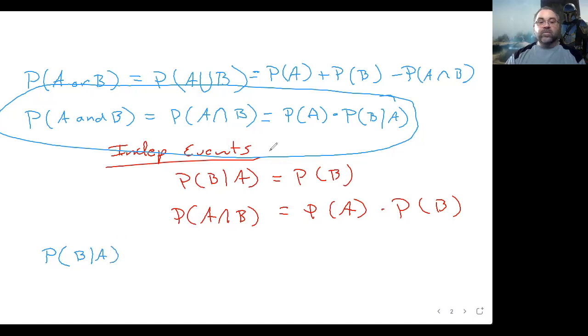The probability of B given A, if you move the probability of A to the other side, is the probability of A and B divided by the probability of A. That will come in handy as you work through some of the other problems in the homework assignment.